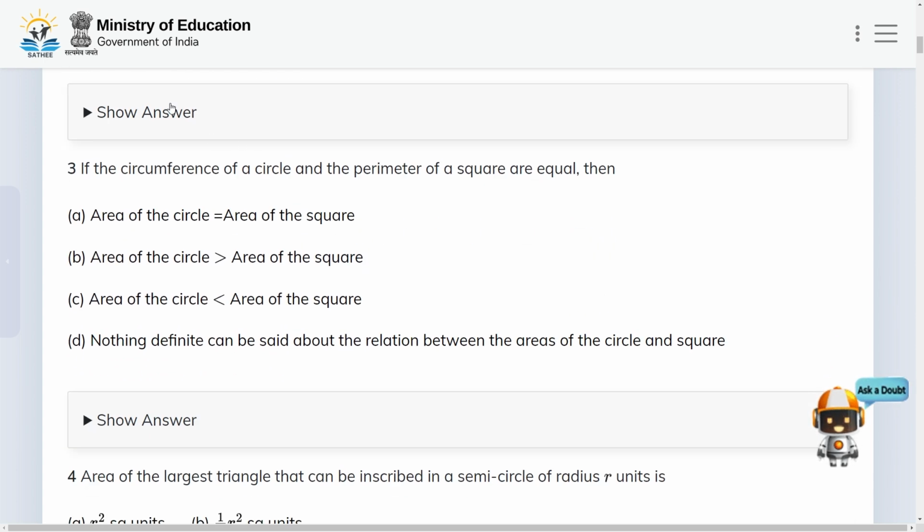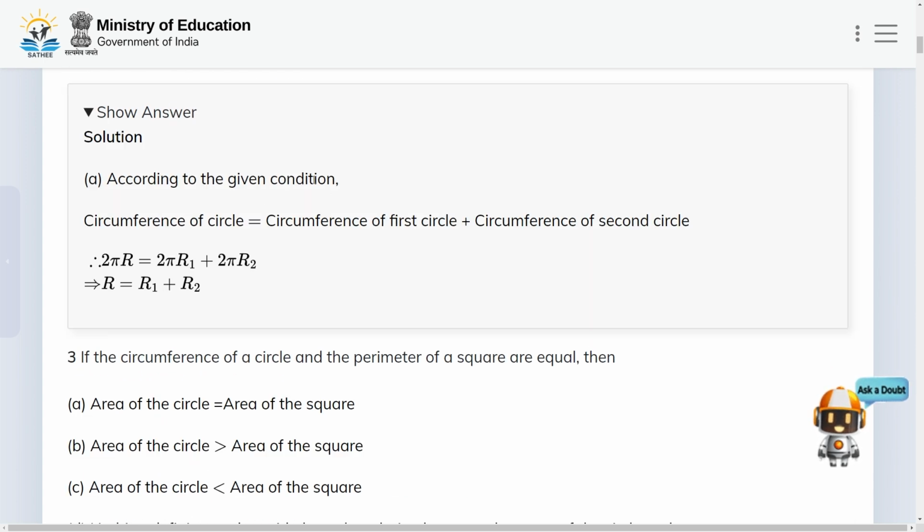According to the given condition, the circumference of a circle of radius R is 2 pi R. The circumference of the first circle is 2 pi R1 and of the second circle is 2 pi R2. The circumference of the circle equals the circumference of the first circle plus that of the second circle.